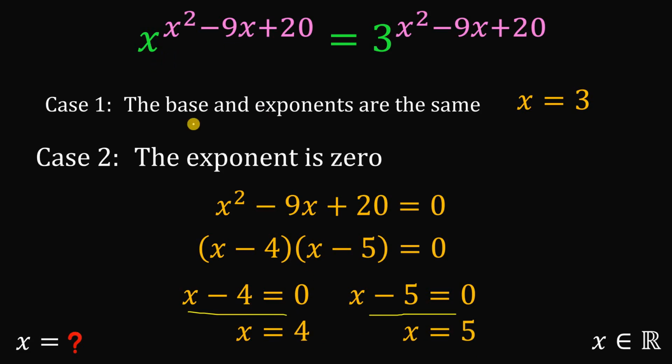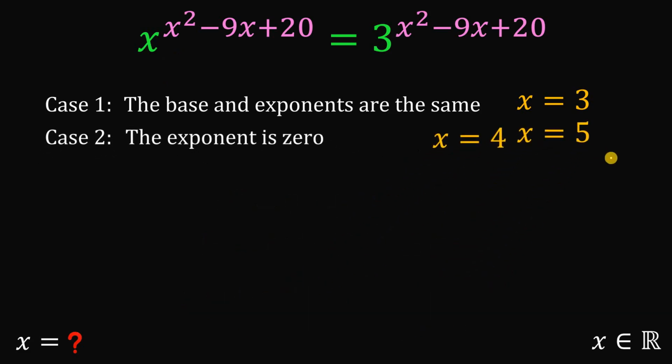So when x is 4, the base is 4 and the exponent is 0, so this is just equal to 1. The left-hand side is also equal to 1 because we have 3 raised to the power of 0. The same thing goes for 5. So for case number 2, we found other solutions, which are x equals 4 and x equals 5. They are both part of the solution.